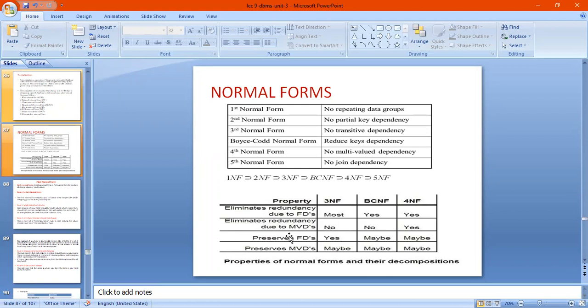Eliminates redundancy due to MVDs: no, and in fourth normal form it is there. Next, preserves functional dependency: yes, maybe. Preserves MVD: maybe.